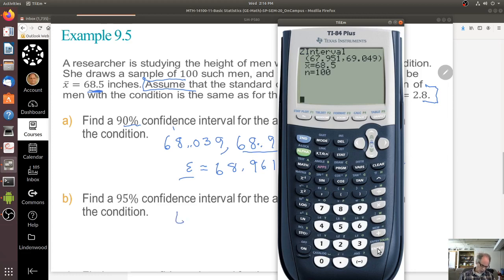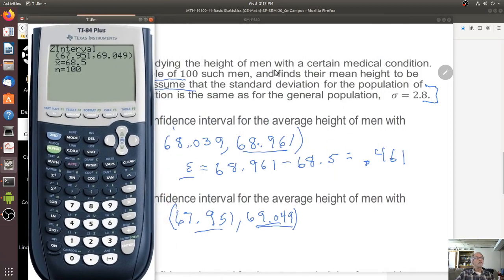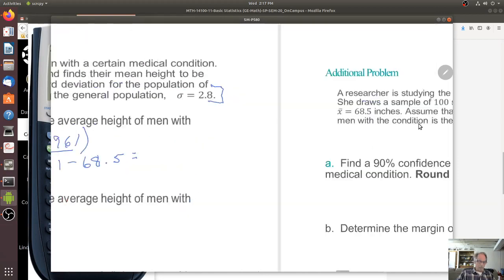The lower left-hand point is 67.951, and the upper is a bigger number, 69.049. And once again, the margin of error is either this minus 68.5 or this minus this divided by 2. Good.